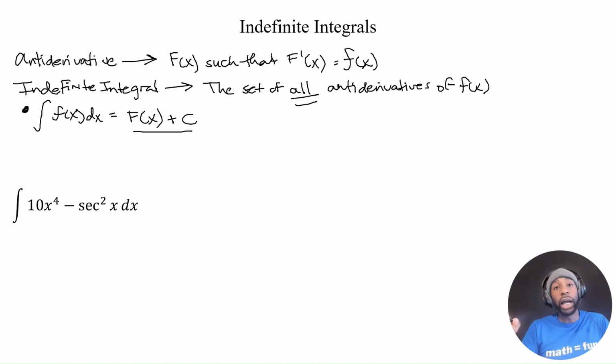That's why you put a plus c there, because it could be any variety of constants. The indefinite integral is like the family of all those. It represents the set of all of those. That's why you put a c, because you don't know which one it actually is, if that makes sense.